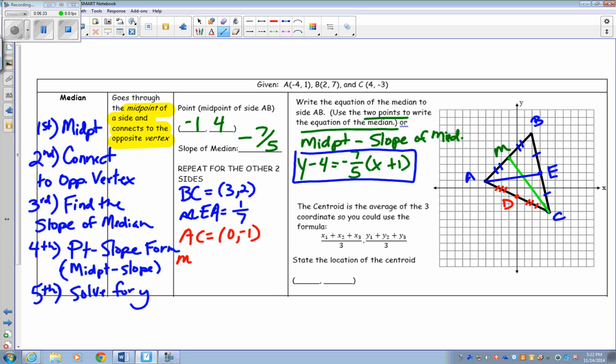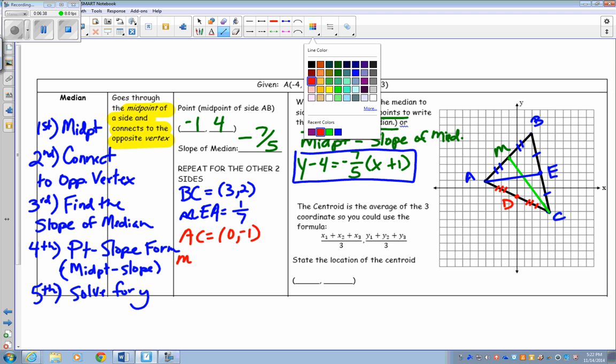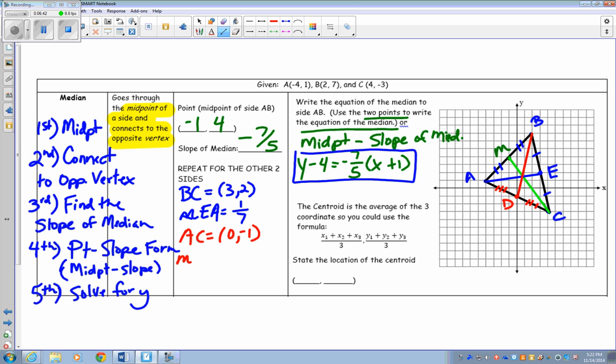The median would be from that point D to the opposite vertex, which would be B. And then I will find that slope by counting the rise over run. I think it's 4/1. So the slope from D to B is 4.